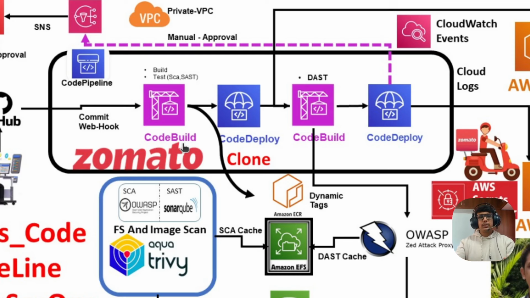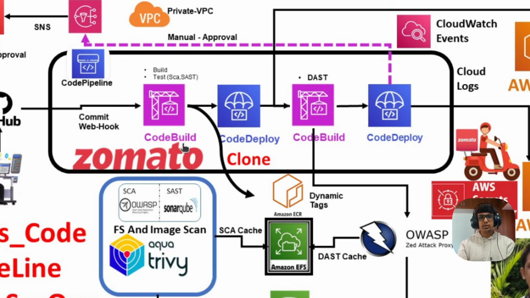Once the dependencies are checked by using OWASP, it moves to the next stage, SAST, static application security testing. Here it checks all the security issues, generates the report and pushes it to SonarQube Cloud.